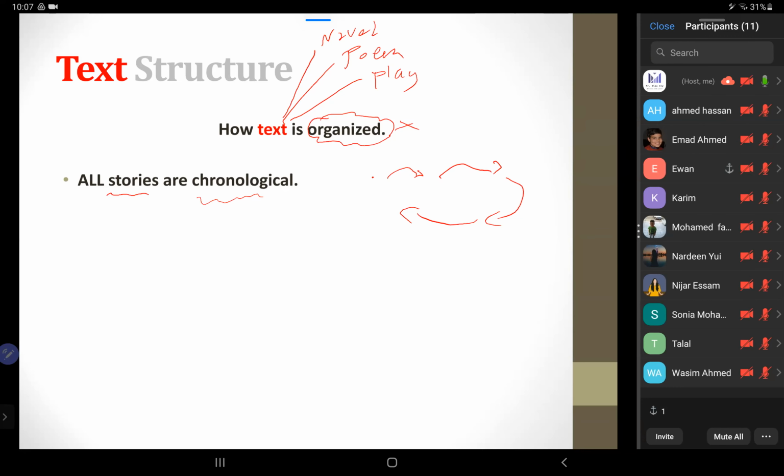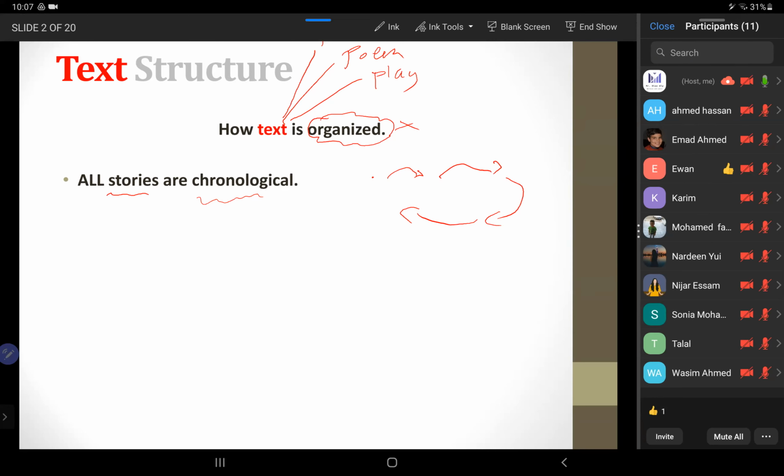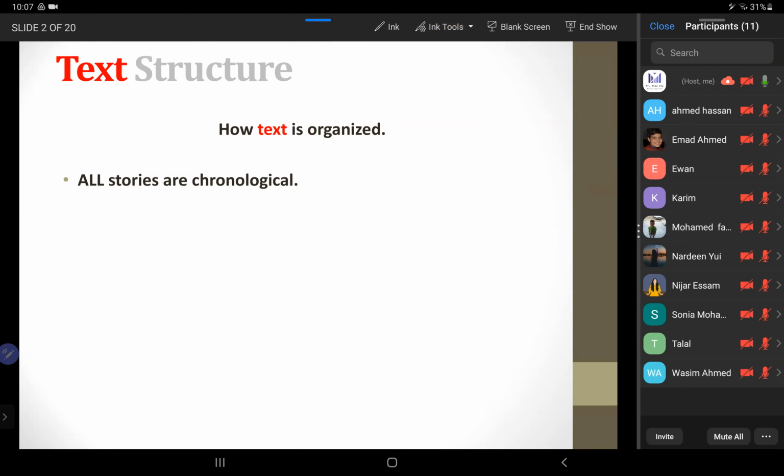But today actually we are not focusing on stories or fiction as much, we are focusing on non-fiction. And non-fiction again is like biographies, when you write about someone who is famous, autobiographies when you write about yourself, essays, articles, informational texts like the books you have for school.